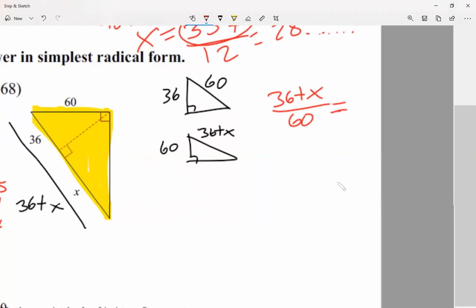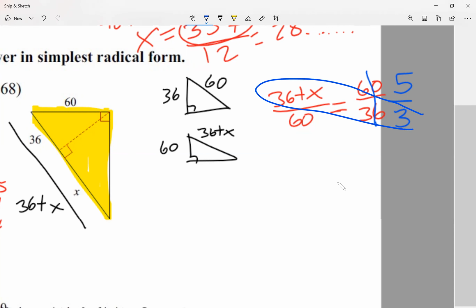And then based on the corresponding sides, I'm going to say 60 over 36. I'm going to simplify a little. 60 over 36, let me divide each by 12. So I have 5 over 3. Right? I divided each by 12. So I'm just going to make my numbers smaller.